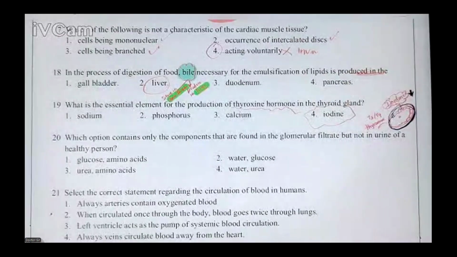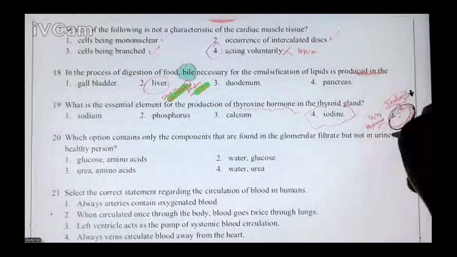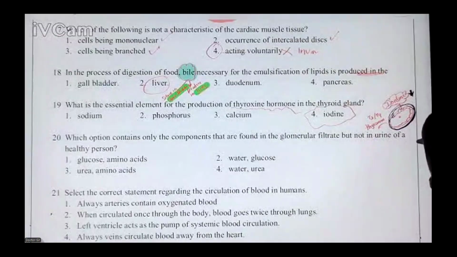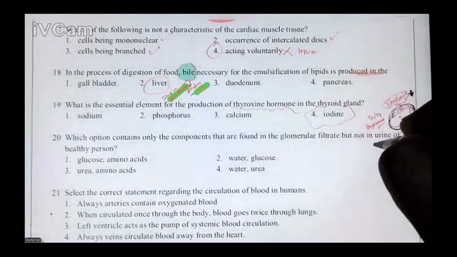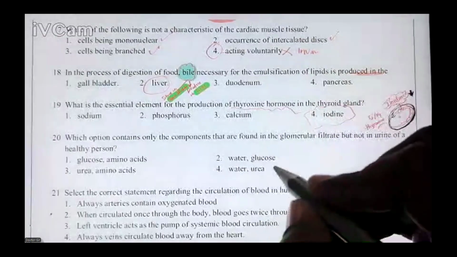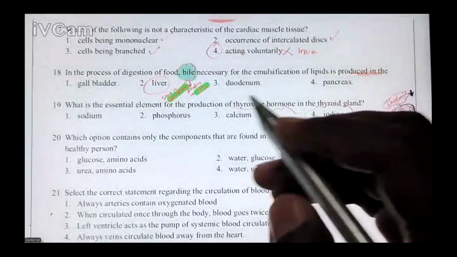Which option contains the component found in the glomerular filtrate but not in the urine? Usually glucose and amino acids.